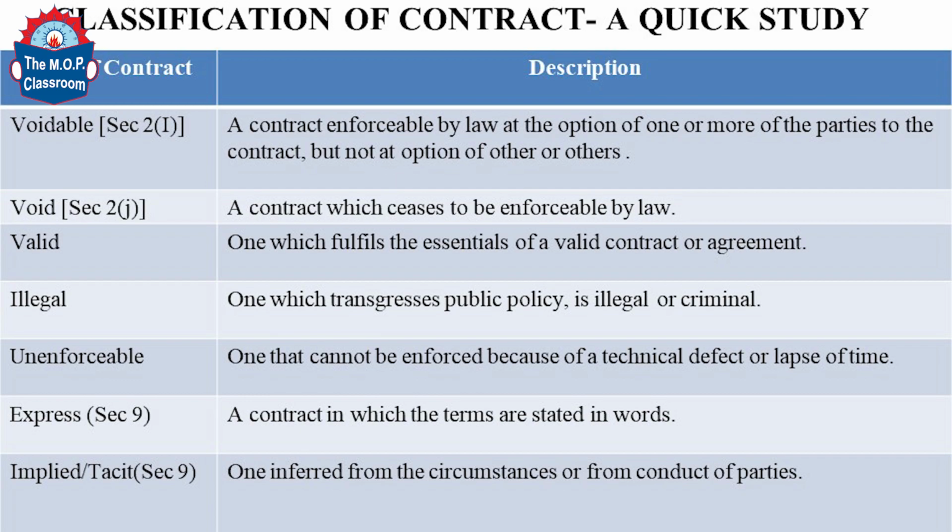Unenforceable is one that cannot be enforced because of a technical defect or a lapse of time. Express contract is a contract where the terms are stated in words. Implied or tacit contract is one inferred from the circumstances or from the conduct of parties. Implied is that which is implied already.